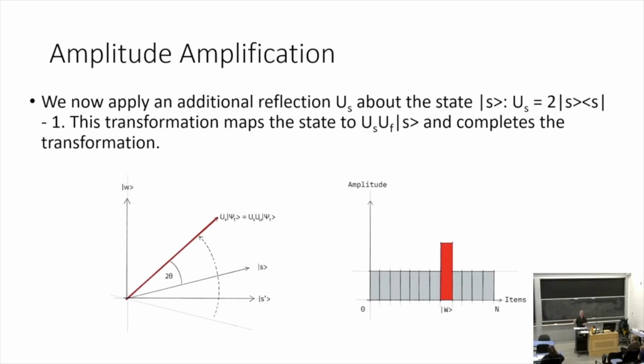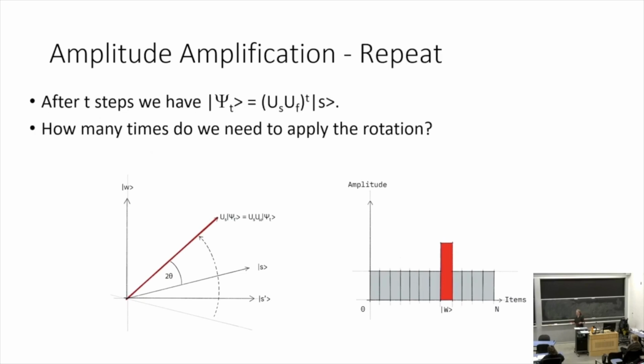Now we're just going to repeat this cycle of double reflection several times. So we go back to step 2, and we repeat the reflection, and we repeat it until the enhancement of the winning amplitude is big enough. So how much is big enough?